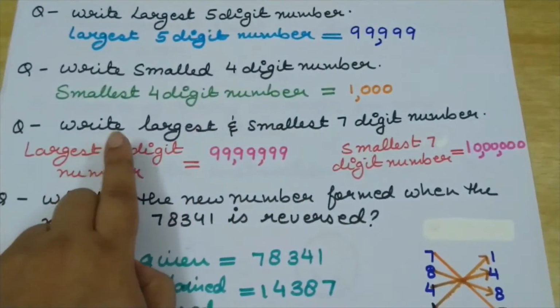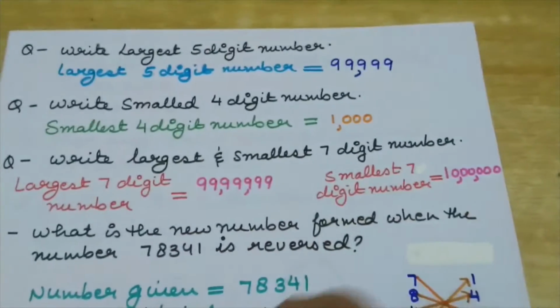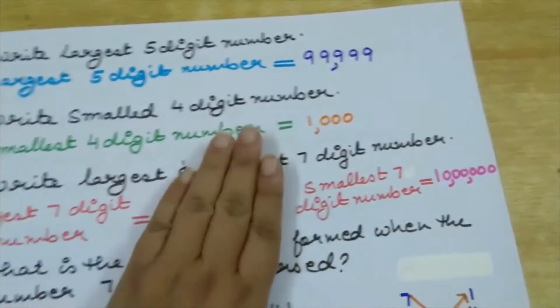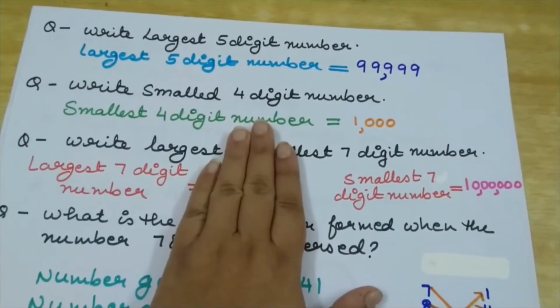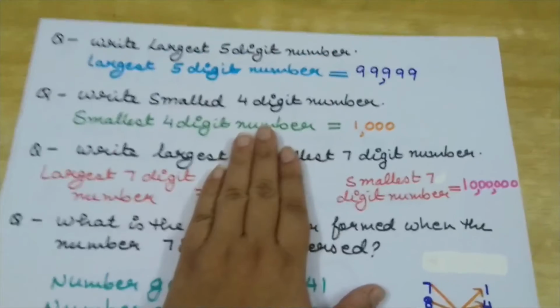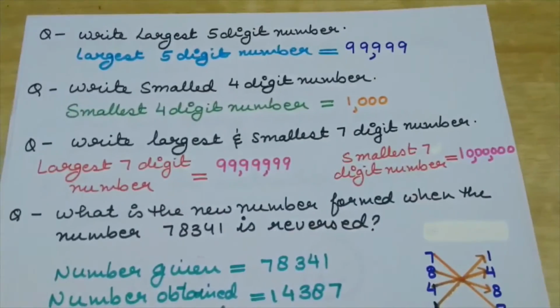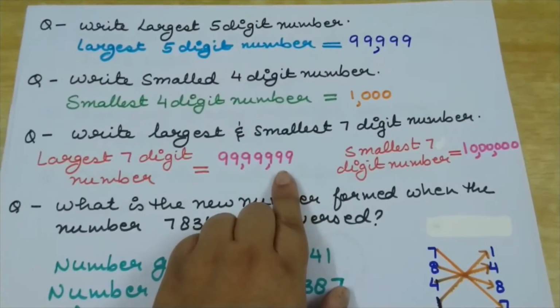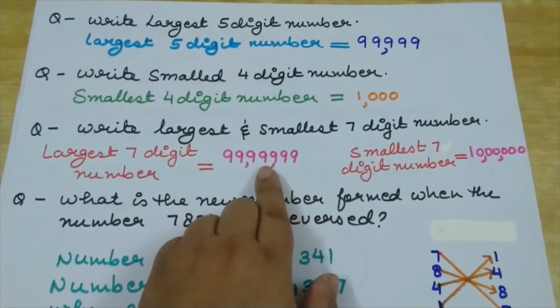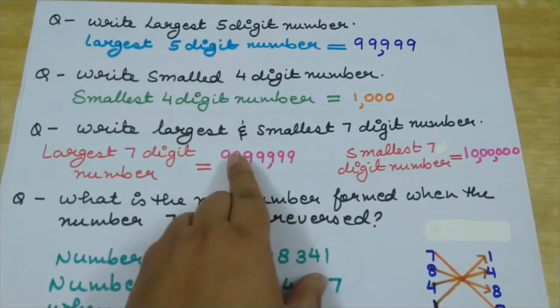Let's take another example. Write the largest and smallest 7-digit number. So what will be the largest 7-digit number? Check. Largest. Correct. How many times will we write 9? 7 times. Let's check. 1, 2, 3, 4, 5, 6, 7.